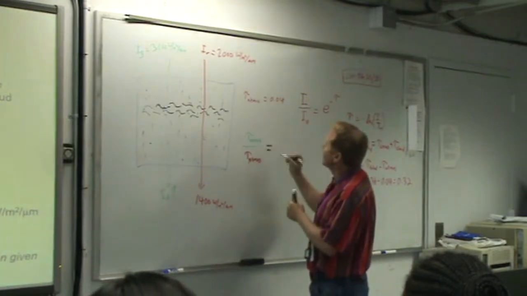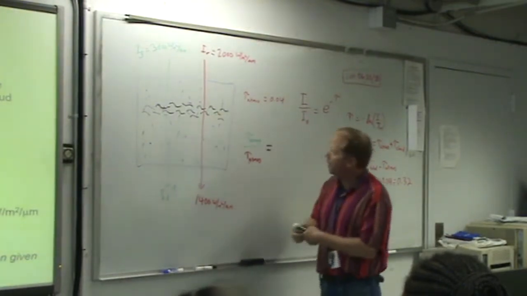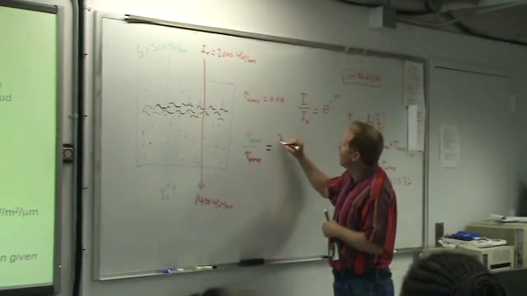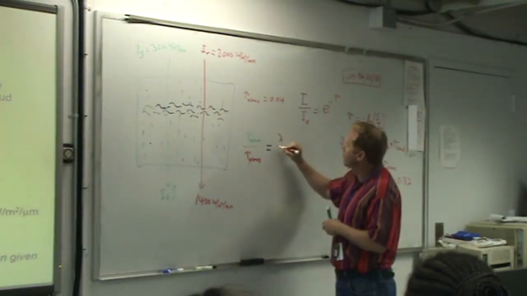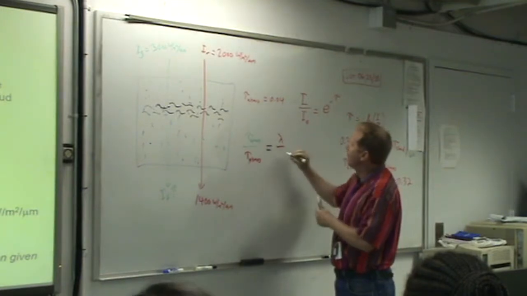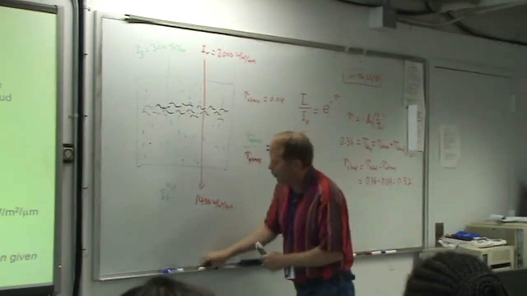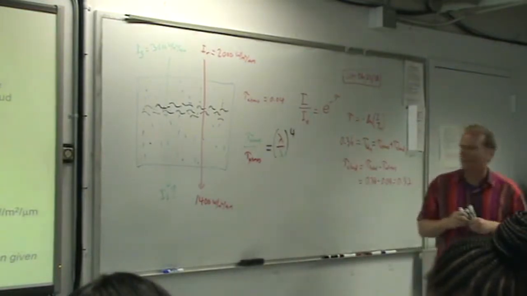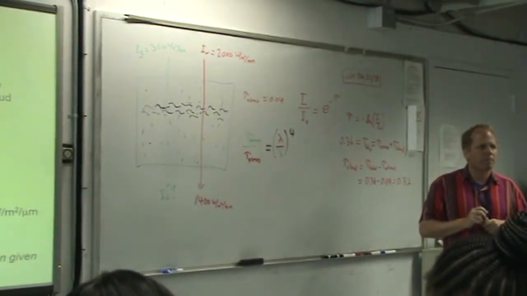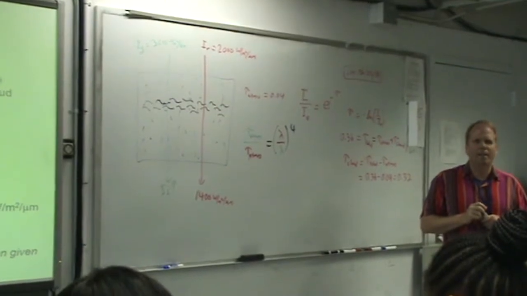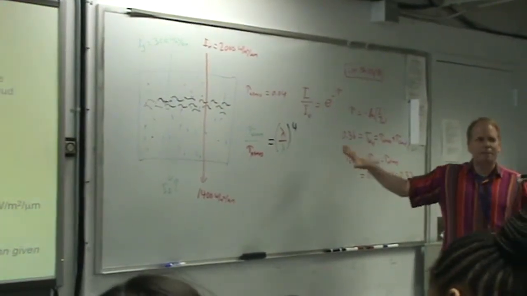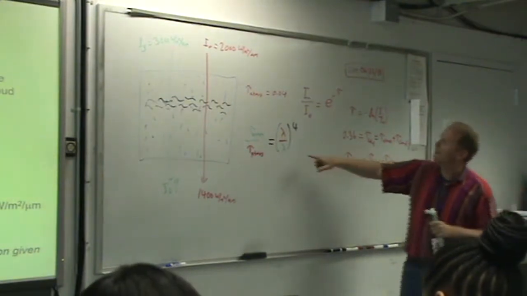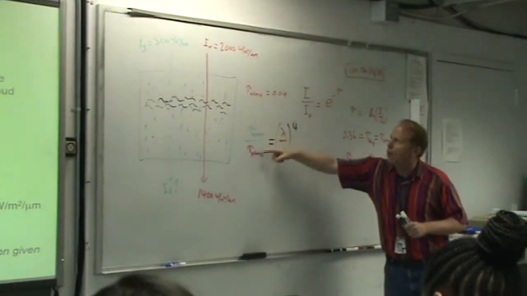That's going to be equal to, and then we have to be careful. We have to invert this. Lambda over lambda to the fourth power. Okay? I think that most of you will at least figure out to do this. And you know that this, which tau are we using here?